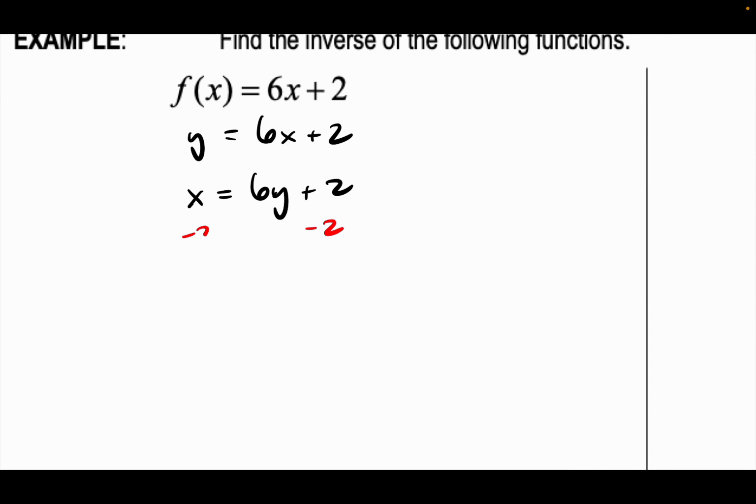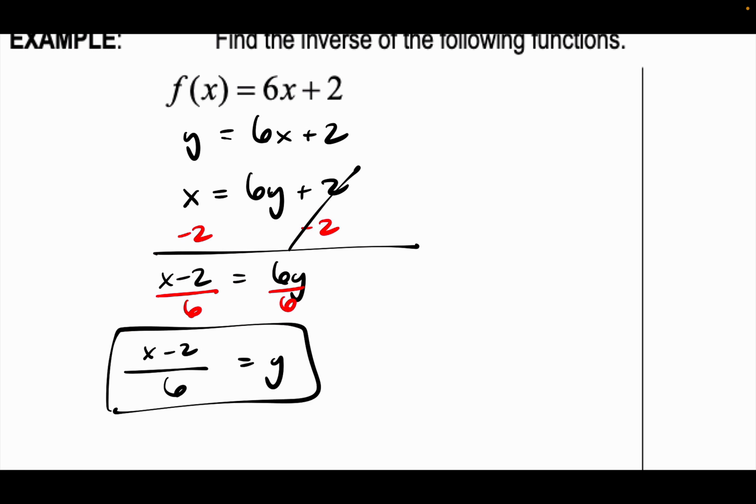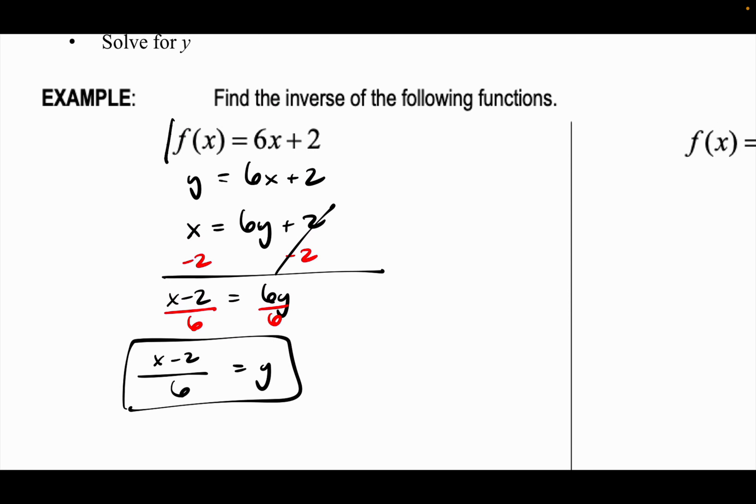Subtract 2 from both sides. Divide by 6. That's the inverse. That guy and that guy are inverses of each other. They're both straight lines, but they're inverses of each other.